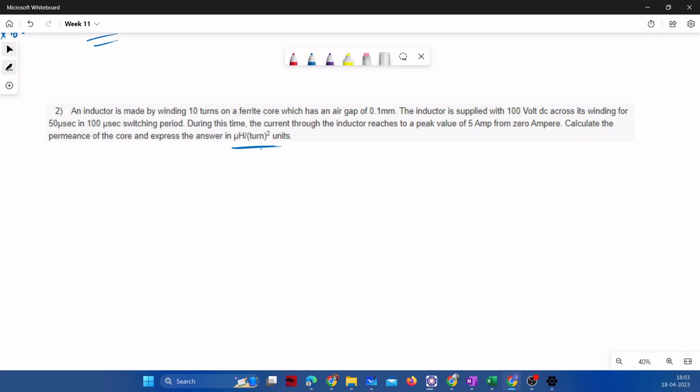Actually, we have to find L by N square. So we need to find out the inductance. How should we proceed with the given parameters in the problem? How to find out inductance in this case?